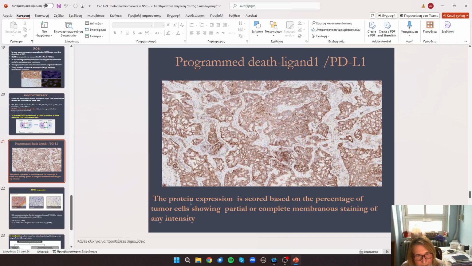Programmed death ligand 1 is scored based on the percentage of tumor cells showing partial or complete membrane staining of any intensity. Here we can see that all tumor cells have expressed this protein. They have all their membrane colored with brown color.